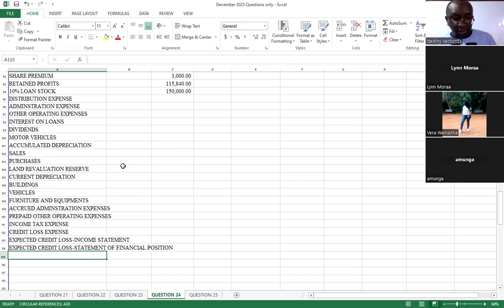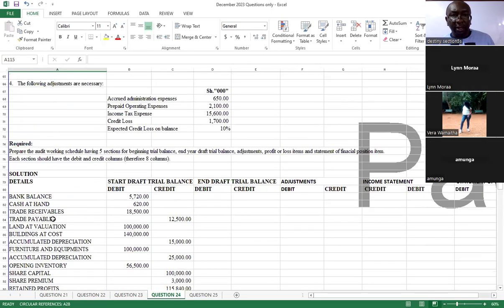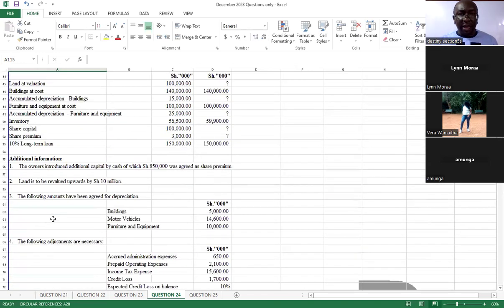What else do we have? Now, this income tax. It was not mentioned anywhere in our figures up here.